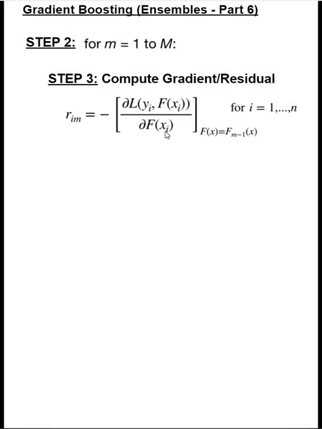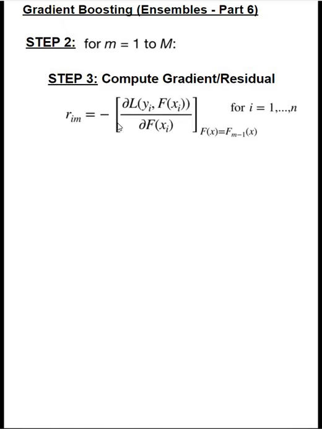The idea here is we are measuring how much the loss function is changing with respect to the change in our model's output. It is also worth noting that we have a negative sign here, indicating very clearly this is a gradient descent. That's what we are trying to do, because we want to minimize the loss.